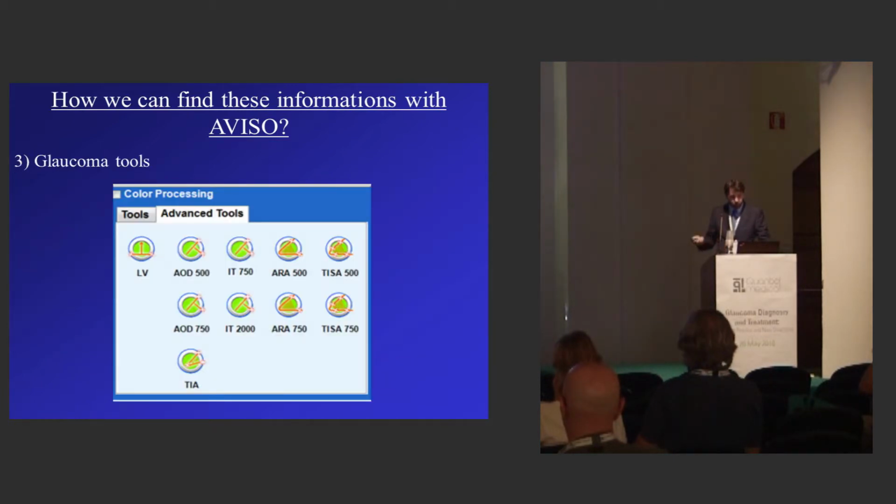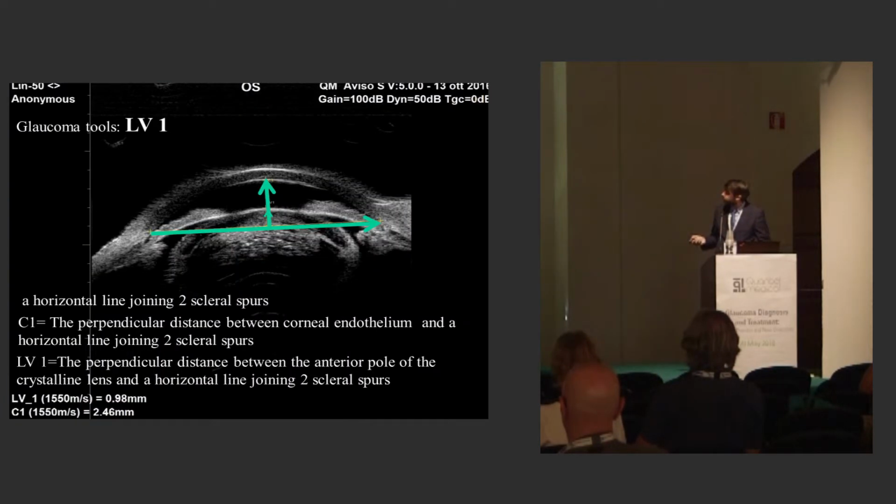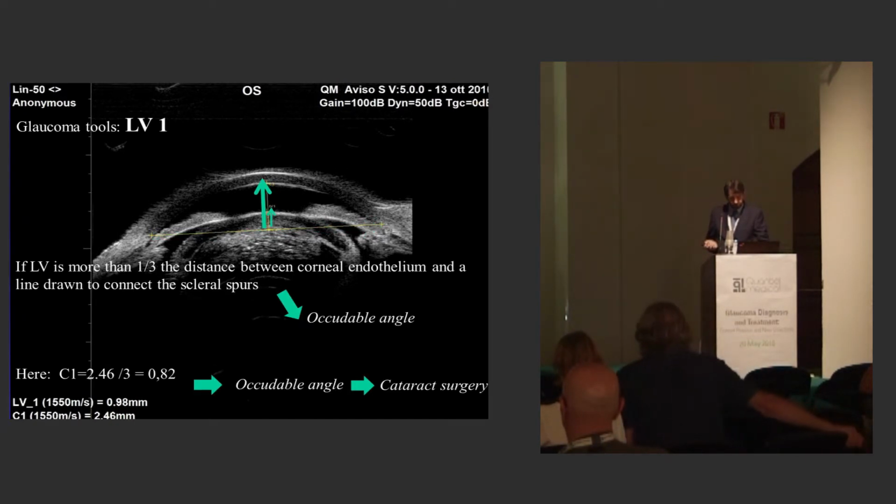Then we have a lot of glaucoma tools. Now we will see some of these. The first is the one called LV. It's a simple but useful tool. You have this horizontal line joining the two scleral spurs. Then you have the distance between this line and the corneal endothelium. We can call it C1.